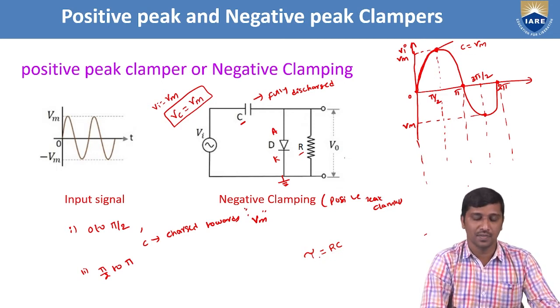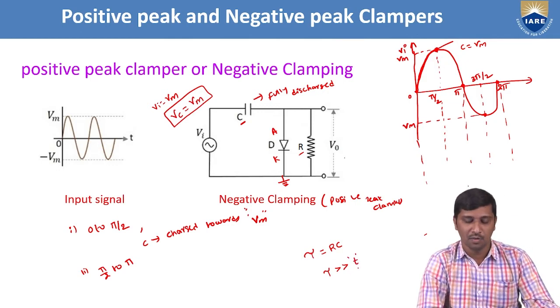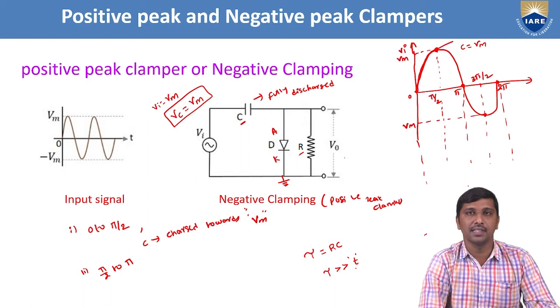So here, a condition should be that this discharging time period should be much greater than your given input signal time period, where small t is your input signal time period and tau is the time constant of a given circuit.